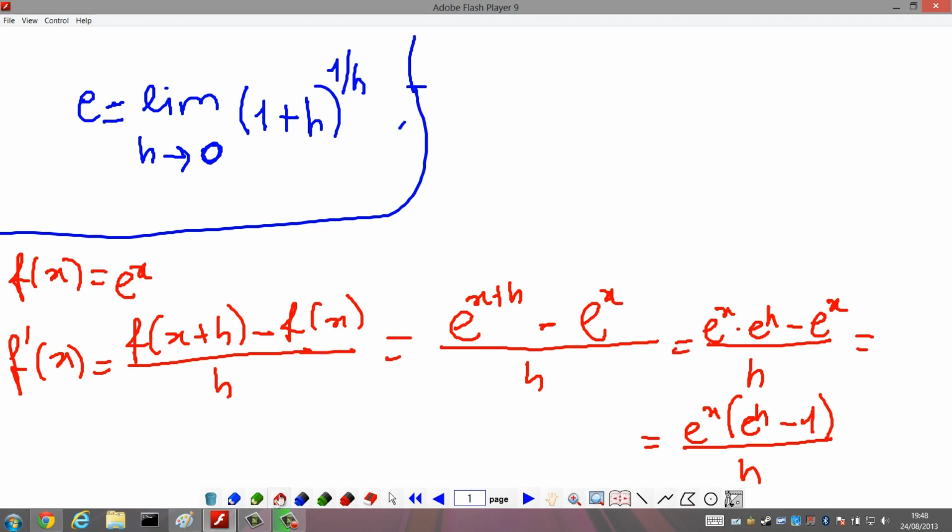I didn't put it here because it's almost normal, but yeah, it's incomplete. You actually needed to add a limit here. It's a limit as h approaches 0, but it's almost implicit.